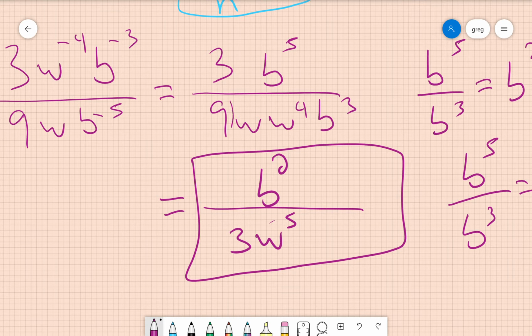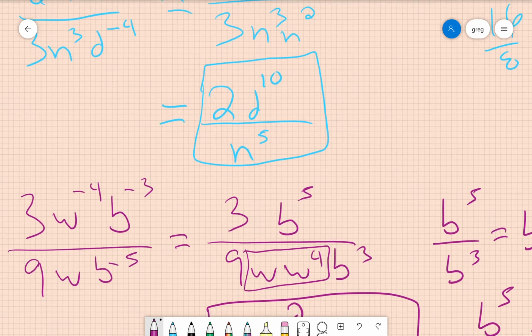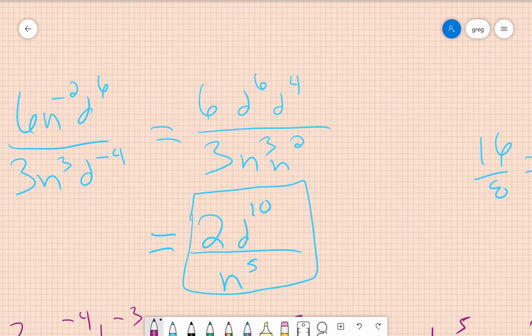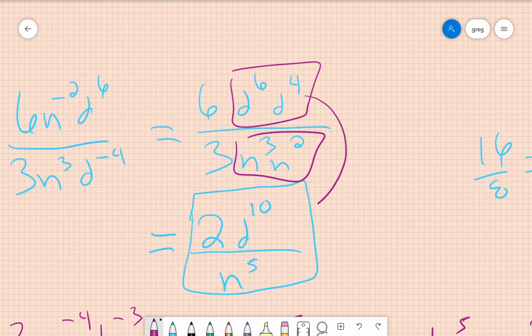Right here. W times W to the fourth. That's product law. The same thing we did for the first problem up here. Did the same thing right here. Did the same thing right here. D to the 6th times D to the 4th gave us D to the 10th. This gave us N to the 5th. So it's the same thing.